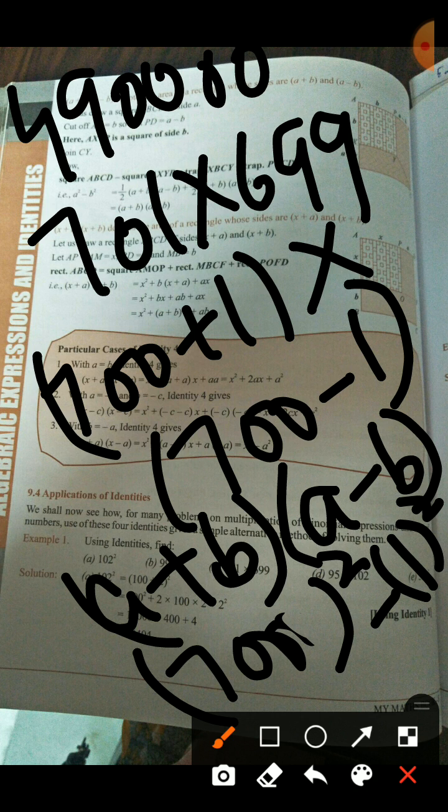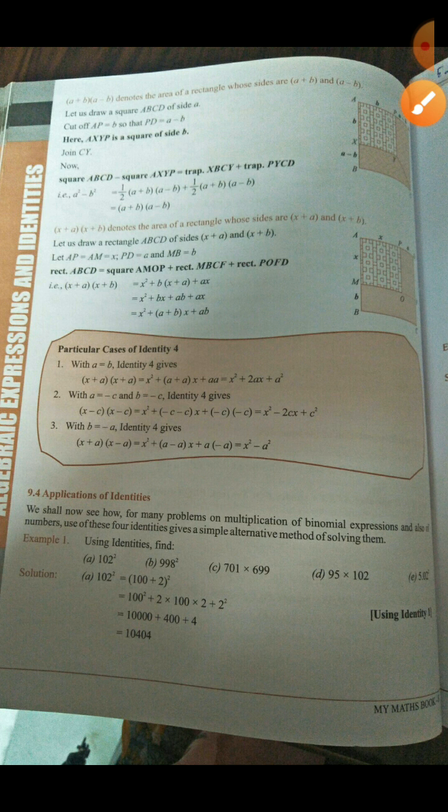Multiply 100 into 100, you will get 4 zeros, 10,000. So you can write directly 700 square equal to 490,000, and minus 1, you will get 489,999. Simple. So your identities always make your calculation simpler.